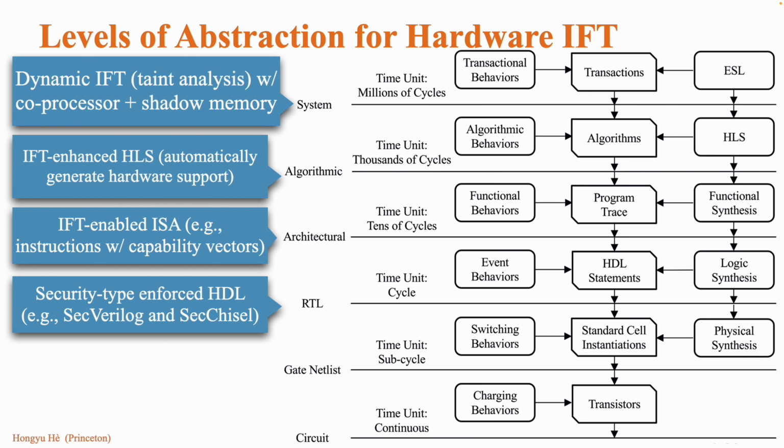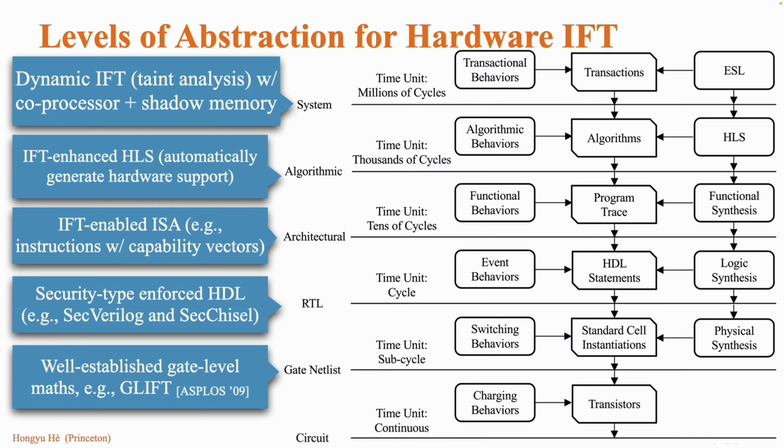Similarly, we could have security typed HDL at the RTL level, for example, SecVerilog and SecChisel. And at the gate level, there's very established GLIFT work, and you can do some beautiful math in a very unified way to reason about both implicit and explicit flow.